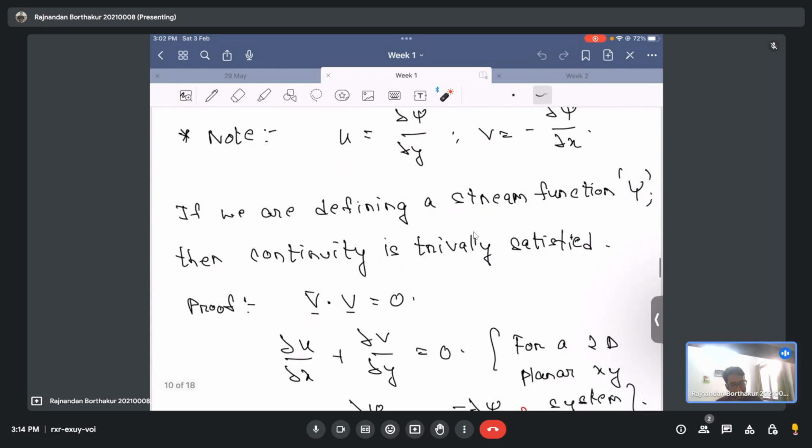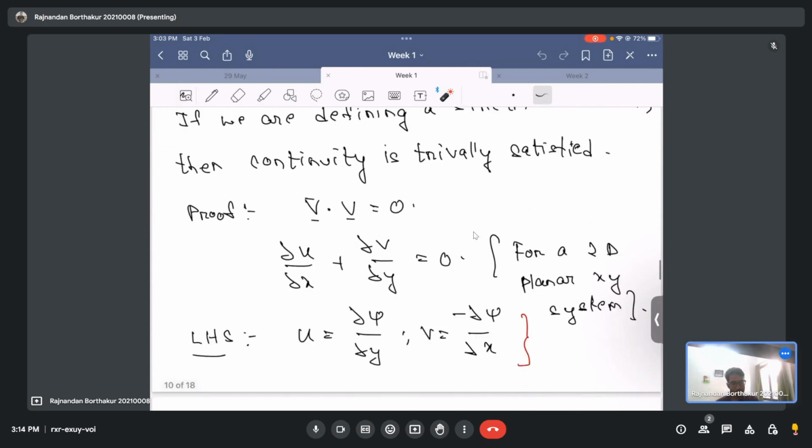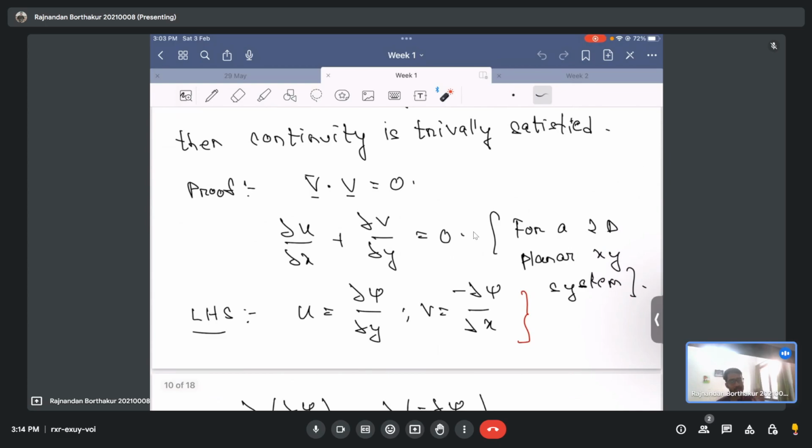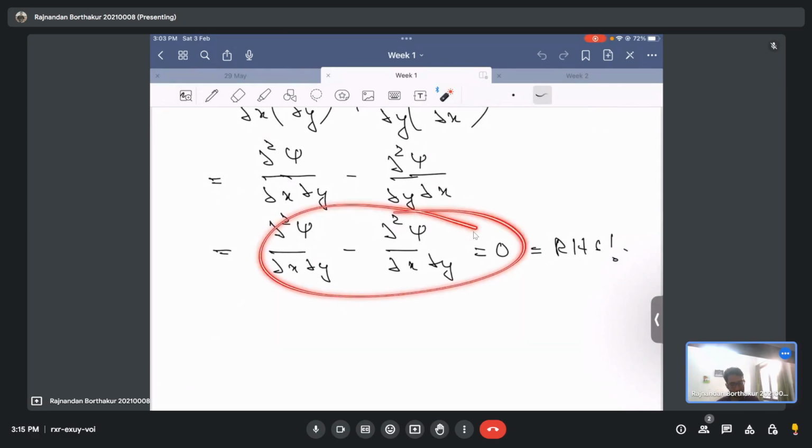I also gave a note which says that when we are defining a stream function, the continuity equation is trivially satisfied, and the very definition of the stream function is based on satisfying the continuity equation, and we quickly saw that, which is over here.